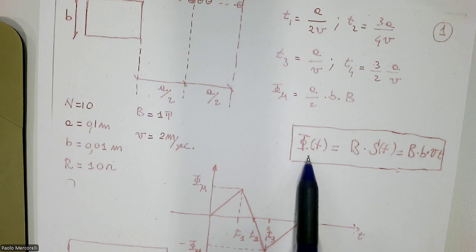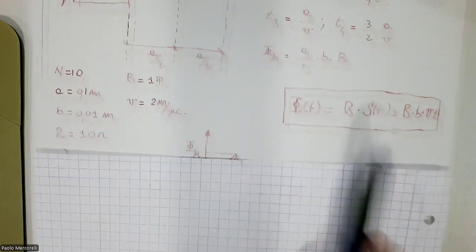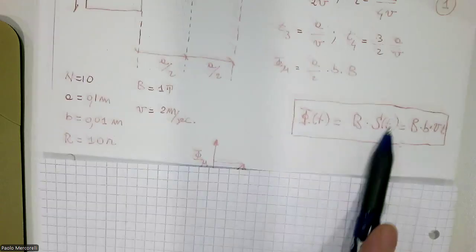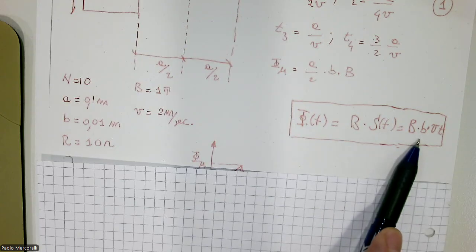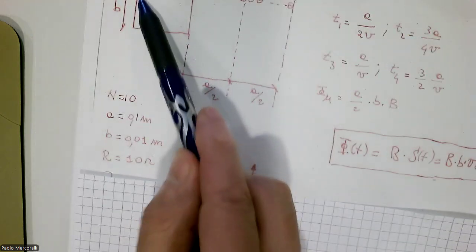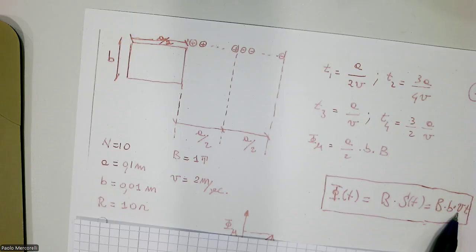If you remember the definition, you can also find this in the data sheet. The flux equals the flux density multiplied by the active surface. But the active surface is b, not capitalized, this dimension here, multiplied by v, constant, multiplied by t.